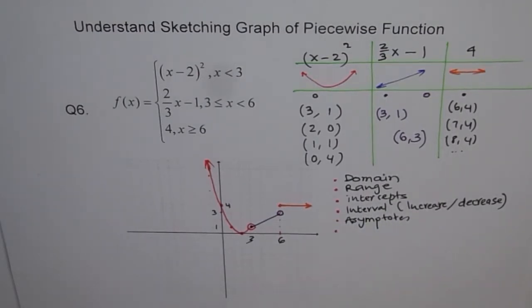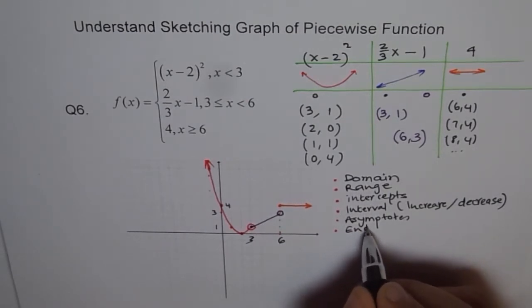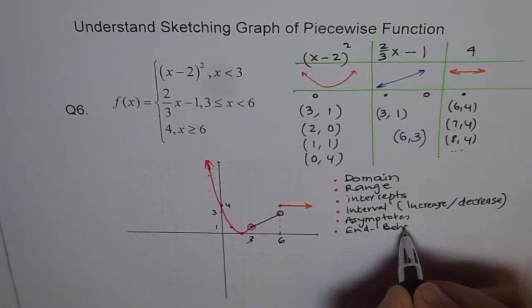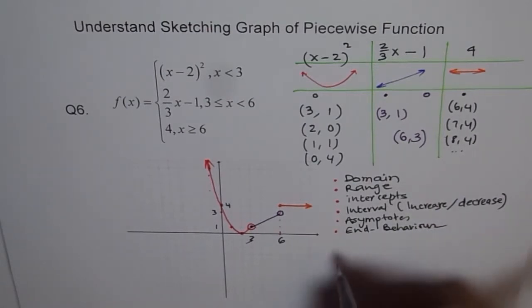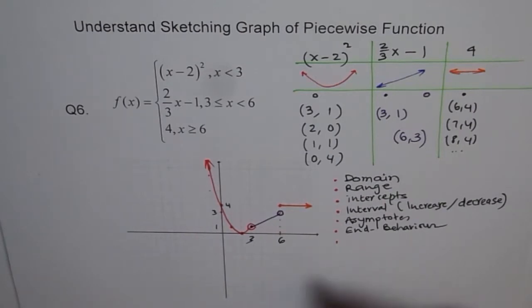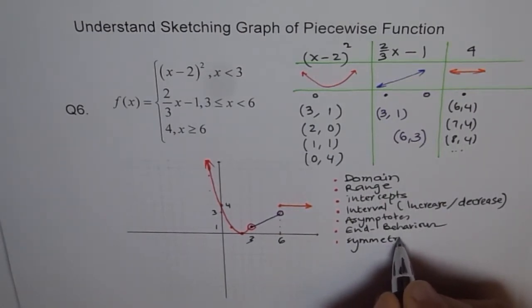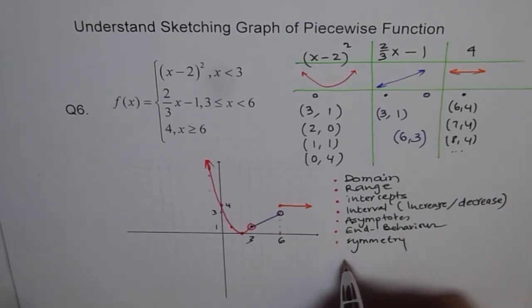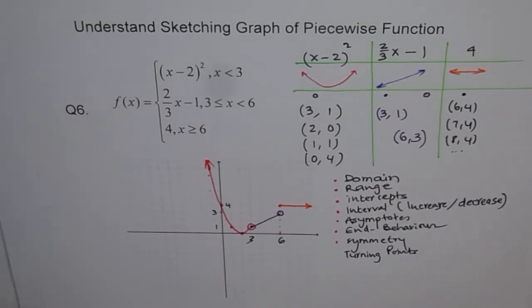You can also think about end behavior. Right? Some graphs will have symmetry. And there are many other characteristics like turning points, and so on. Good? So this is what you have to always see when you get a graph.